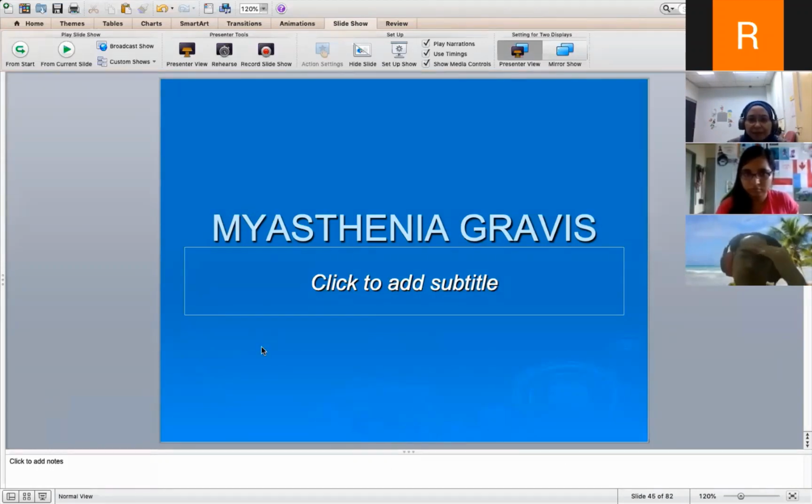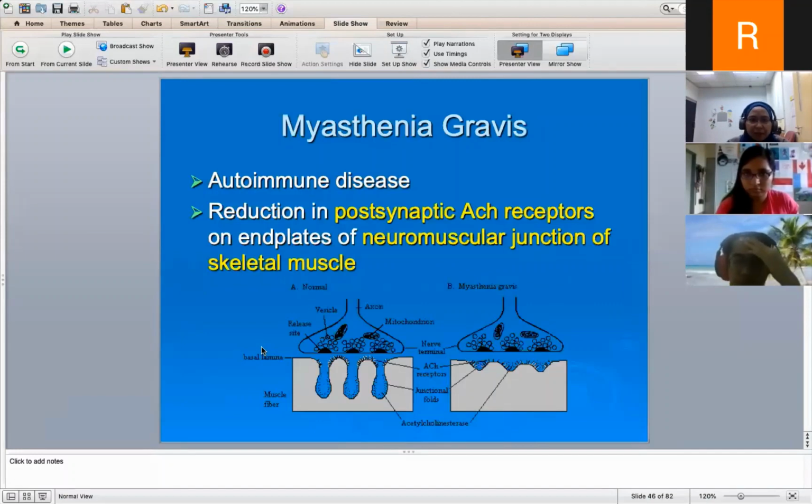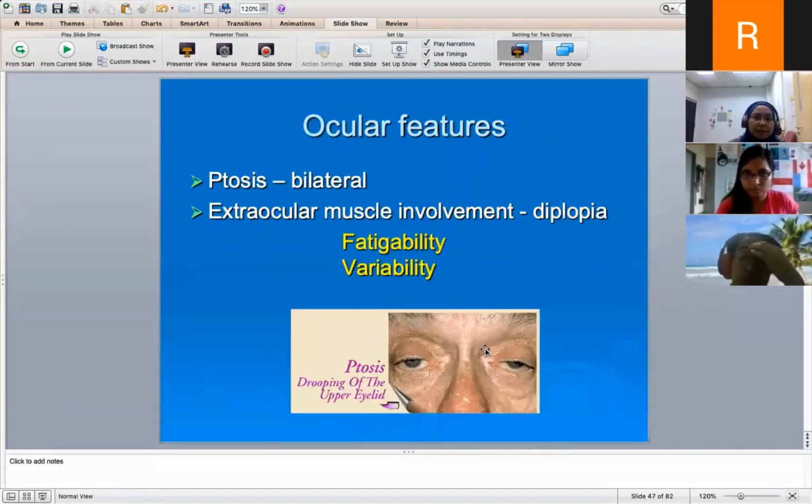Myasthenia gravis, again, is an autoimmune disease. There is actually a reduction of the acetylcholine receptors on the end plate, right? So it reduces the response at the neuromuscular junction of the skeletal muscle. Remember, it's a skeletal muscle. Your extraocular muscle is also a skeletal muscle, so that will be affected as well.